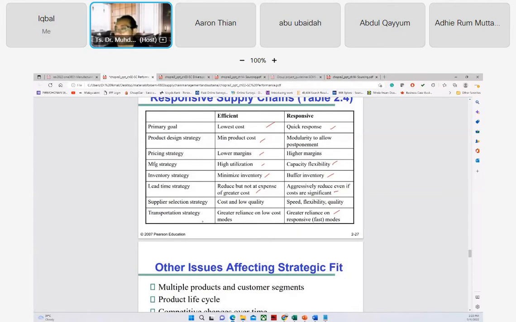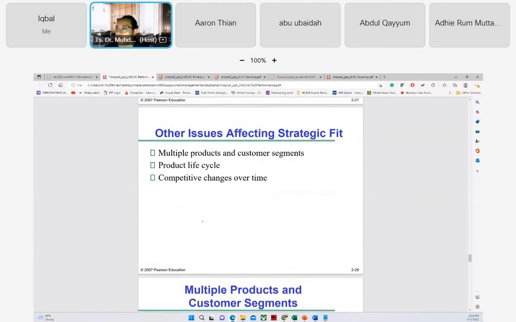All right, and then there are also other issues affecting strategic fit: multiple products. You have to handle that, and there are a lot of customer segments. Not only customers aged from 20 to 39, but there are a lot of segments, maybe 18 to 21, and above 40.